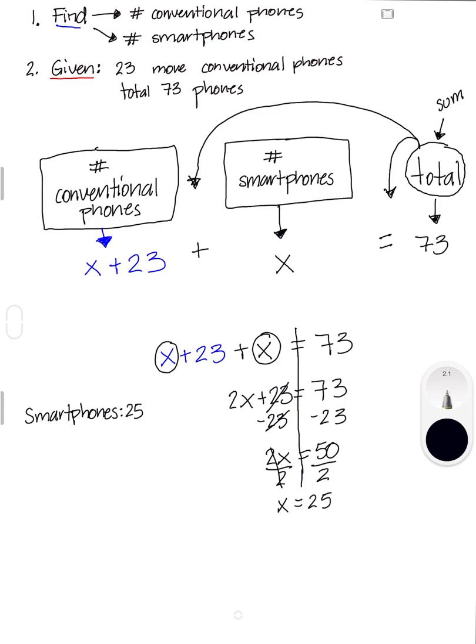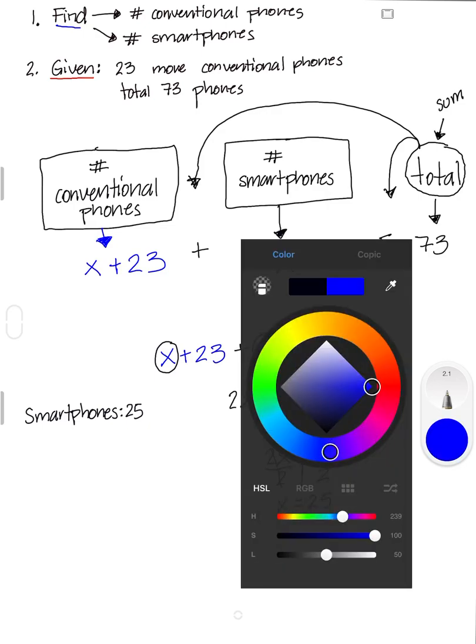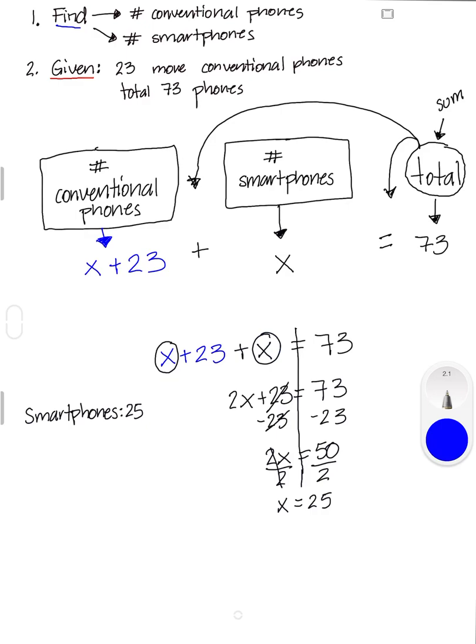Now, given that there are 25 smartphones, we can find the number of conventional phones by adding 23. We have x plus 23. Instead of x, we're going to replace it with 25. 25 plus 23 is going to give us 48.